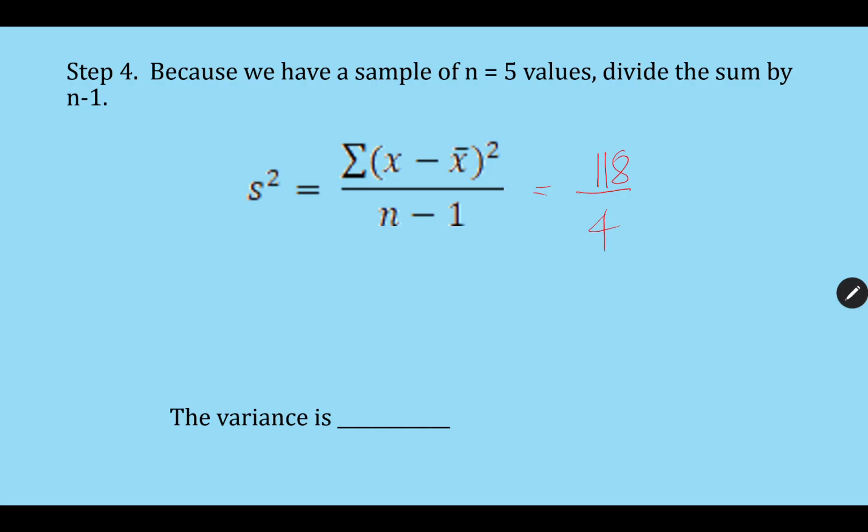I still have to use my calculator to find the answer. So, we have 118 divided by 4 is equal to 29.5. So our variance S squared is equal to 29.5. So it's easy, isn't it?